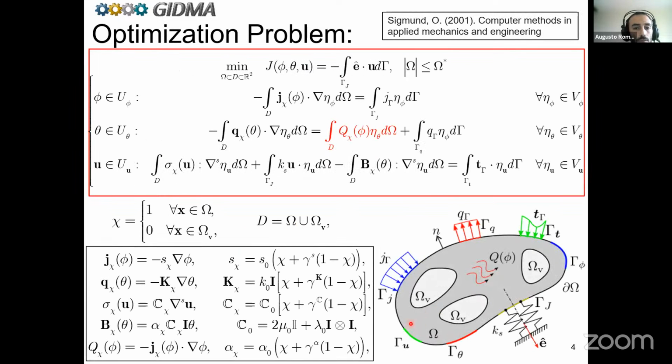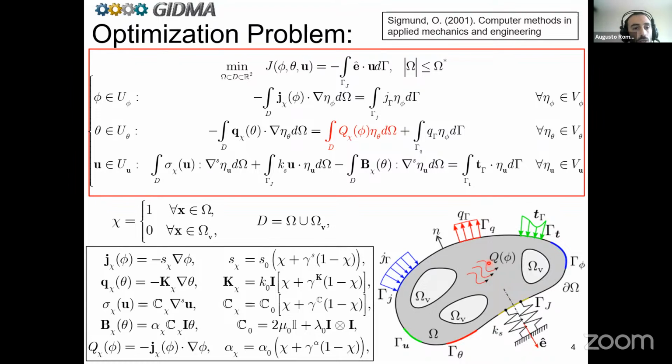A TEM actuator works as follows. First, you have a conductive and compliant structure. An electrical current will flow between the electrical ports. This electrical current will generate heat due to the Joule effect, and this heat will modify the temperature distribution of the structure, causing it to deform.